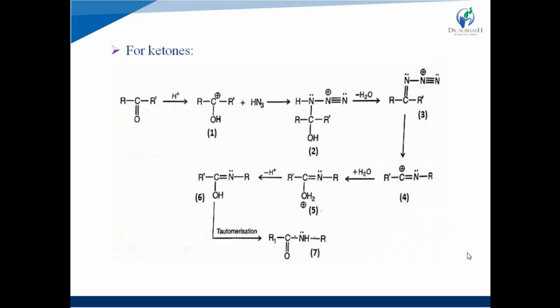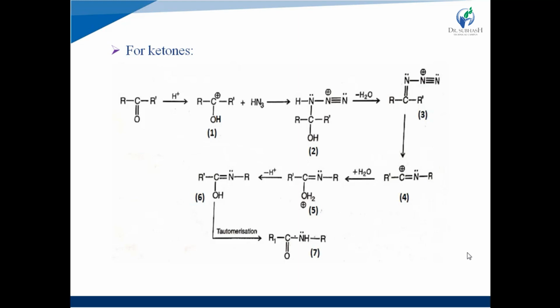Now, on this positively charged intermediate, the azide molecule will attach. Again, this azide molecule attaches to this positively charged carbon through the nitrogen atom, which is directly attached to a hydrogen atom, right, and forms intermediate 2.